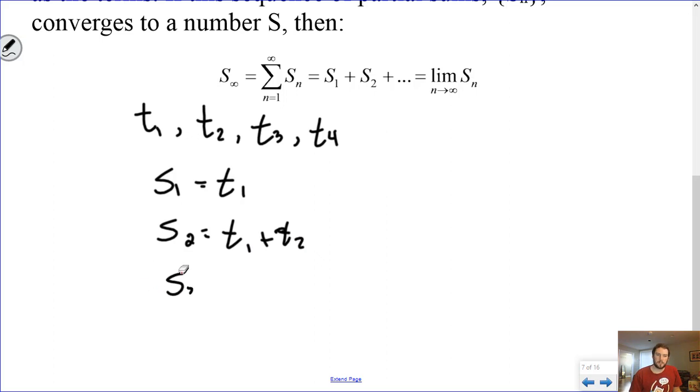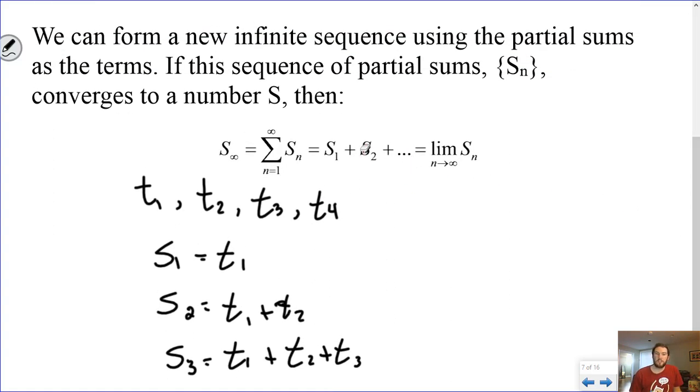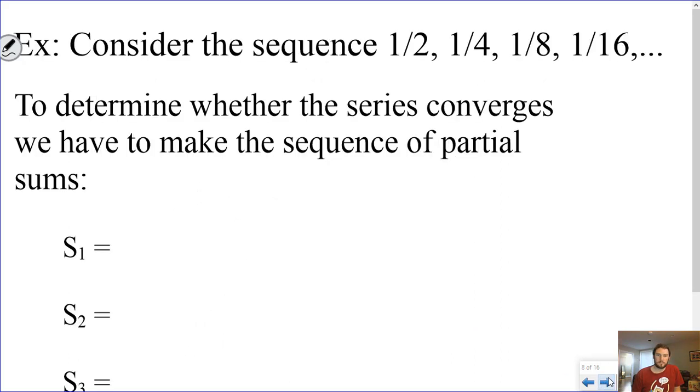And then S3 is telling us to sum the first three terms. And so on and so on. The goal here is to see if we can discern some kind of pattern, some S value that this thing is approaching. And if that's the case, then this obviously converges on that value, and that will be the sum of our infinite series.